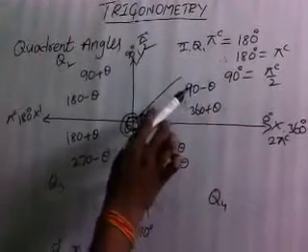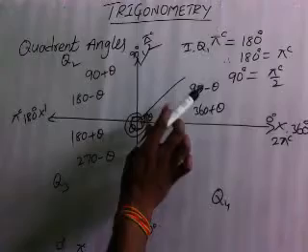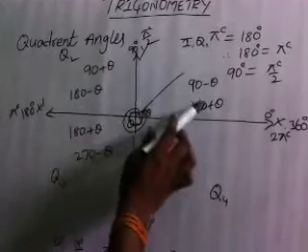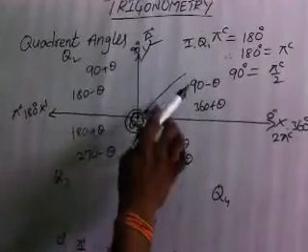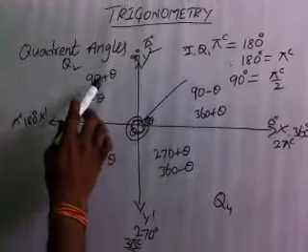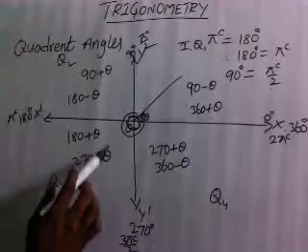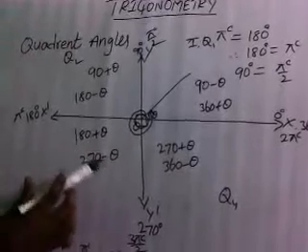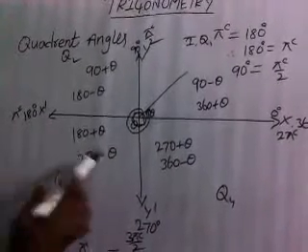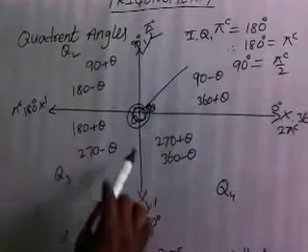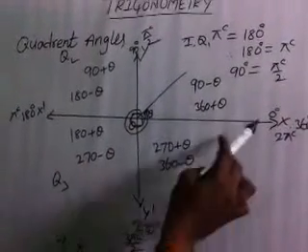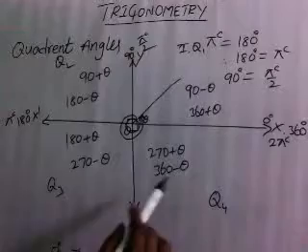So remember these angles. In the first quadrant, 90 minus theta, below 90, and 360 plus theta, above 360. In the second quadrant, 90 plus theta, above 90, and 180 minus theta, below 180. In the third quadrant, 180 plus theta, above 180, and 270 minus theta, below 270. In the fourth quadrant, 270 plus theta, crossing 270, and 360 minus theta, below 360.